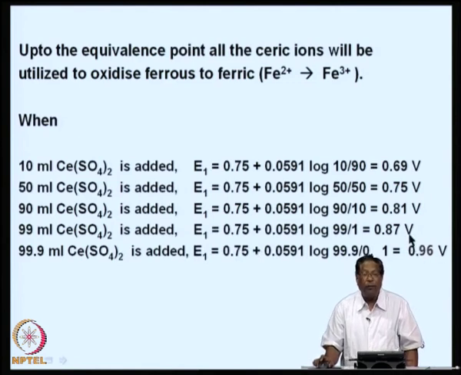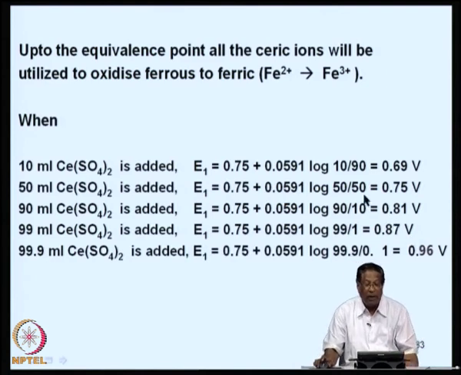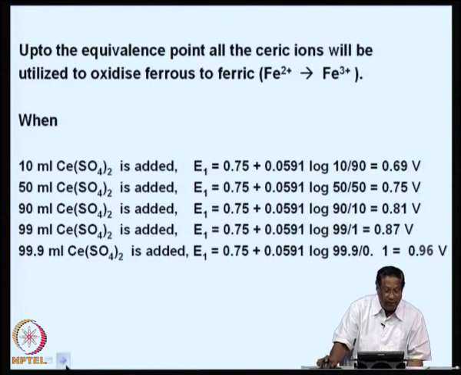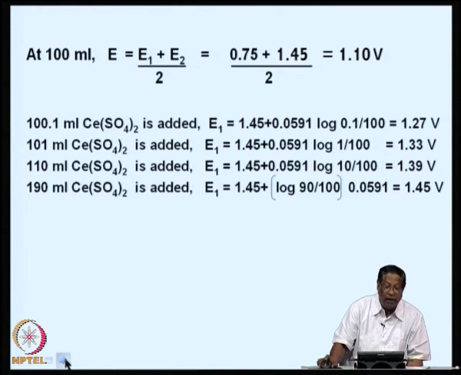And you have to also remember that we are neglecting the dilution effects, otherwise it should be 10 by 110, but we are neglecting the dilution effects, because the concentration of one to the other is at least 10 to 100 times. So, we can neglect the dilution effects.